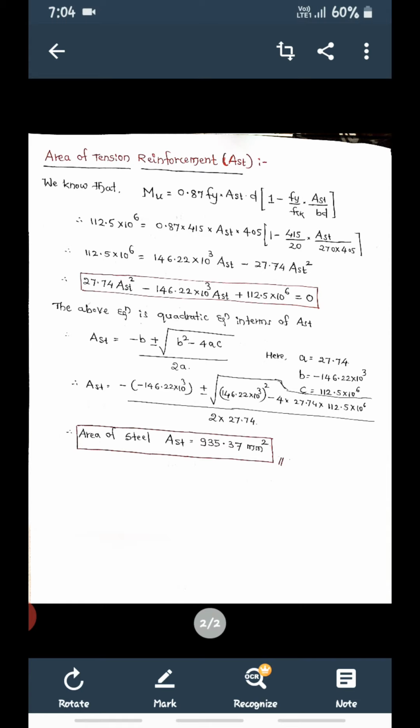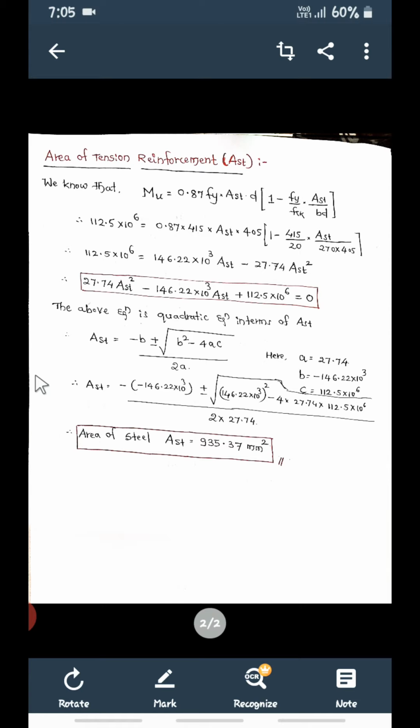Again now we're going to solve the problems, but till now in the first chapter, in the beginning we have seen the different methods: working stress method, ultimate load method, and limit state method. Then we have seen difference between working stress method and limit state method. Then we have considered balanced section, under reinforced section, and over reinforced section.